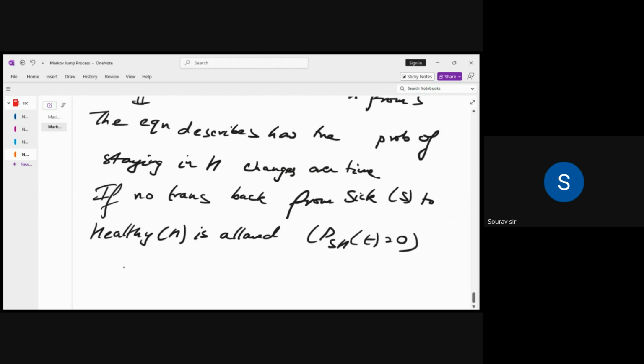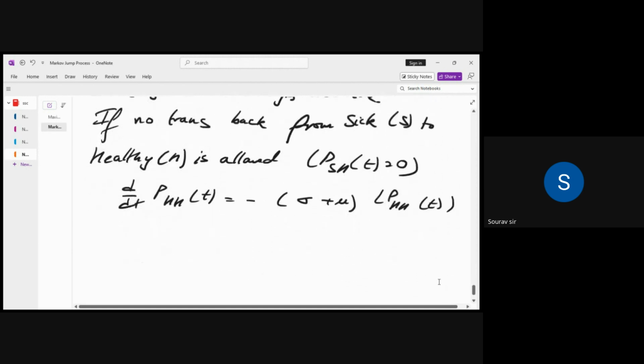So then the equation simplifies to d/dt of P_HH(t) is equal to minus lambda plus mu times P_HH(t). Okay. So this represents an exponential decay.